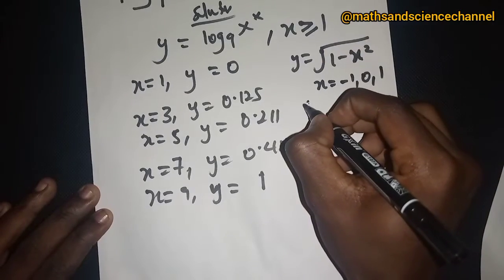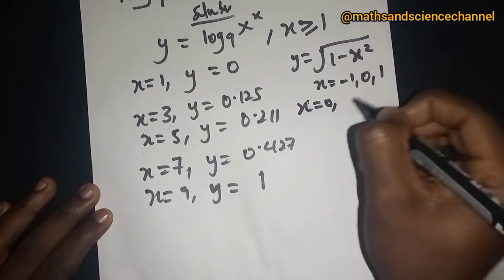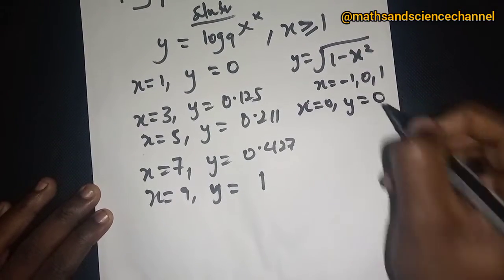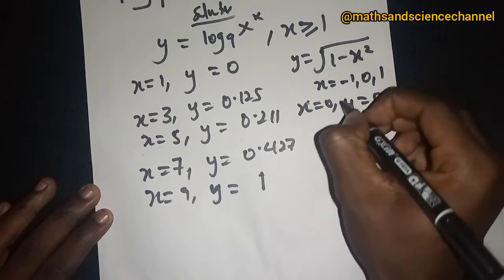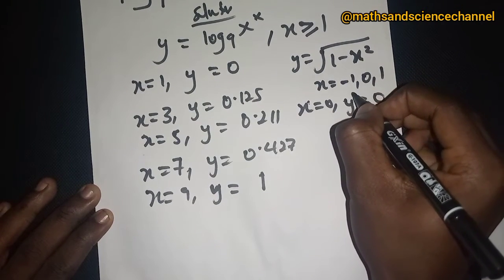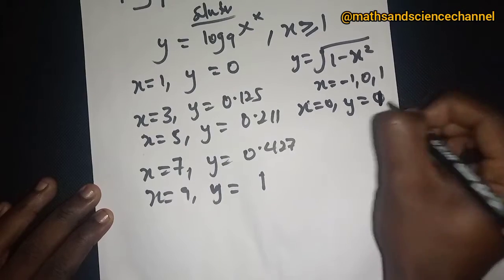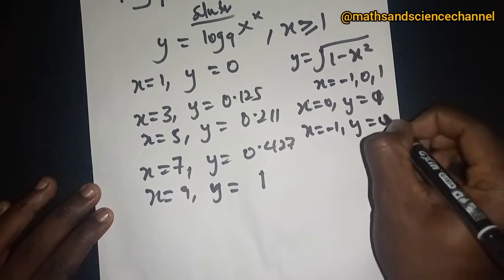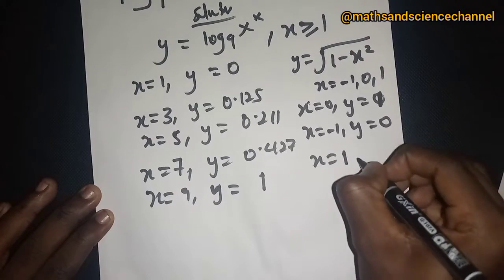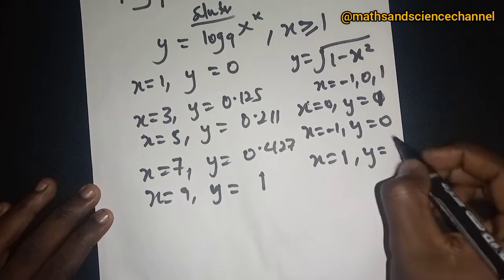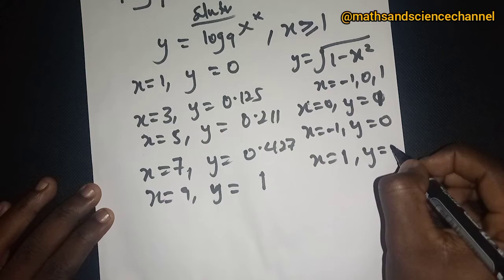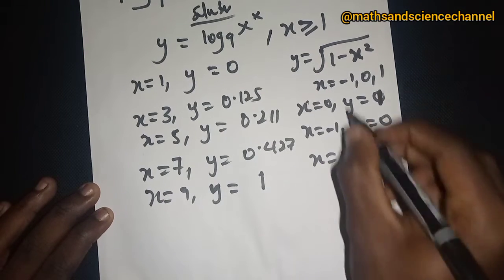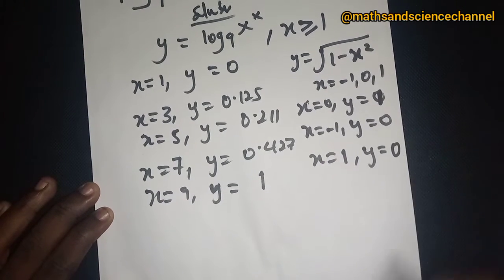So if x is equal to 0, y will be 1. If x is equal to -1, then y will be 0. And if x is equal to 1, then y would be 0.